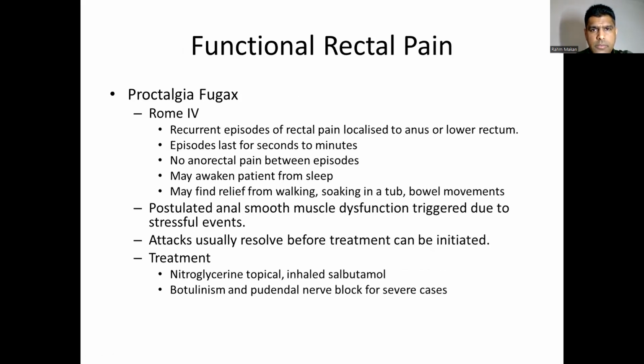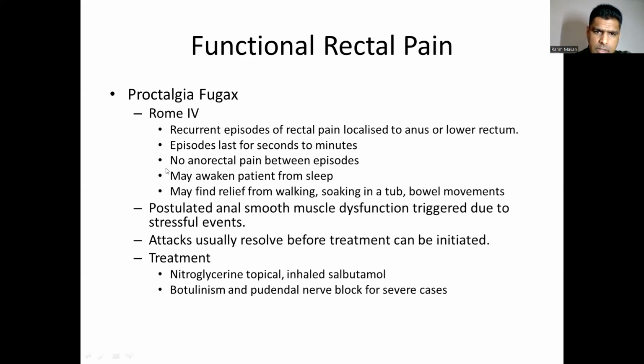If one looks at functional rectal pain syndromes, there is proctalgia fugax, where one may have a normal endoscopic finding. However, the patient would complain of recurrent episodes of rectal pain localized to the anus or lower rectum. These episodes last for seconds to minutes. They do not have pain between episodes, and it may awaken the patient from sleep.